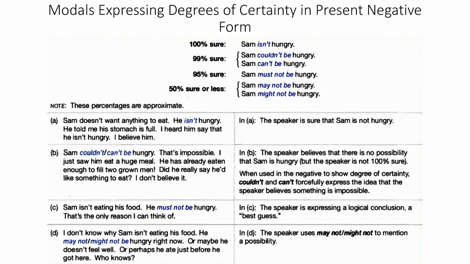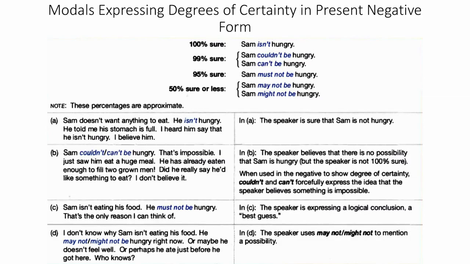We continue with the next chart that talks about modals expressing degrees of certainty in the present, but now we focus on the negative form. There are a little bit of differences in the use of modals between the affirmative form and the negative form.